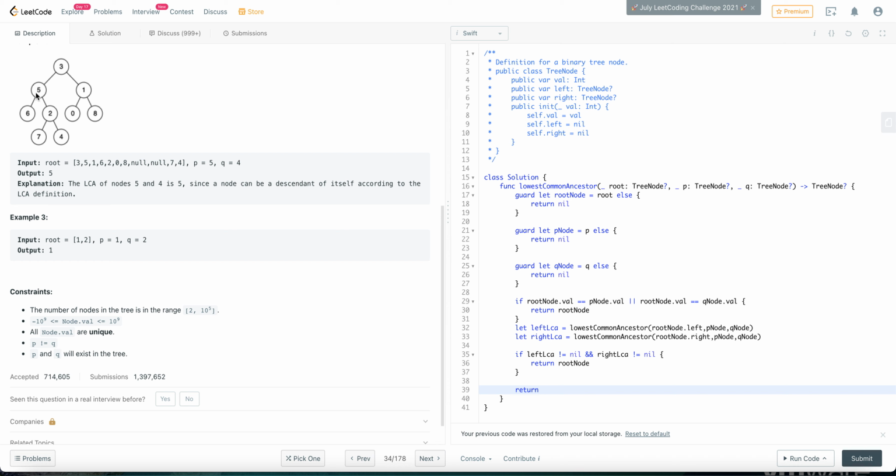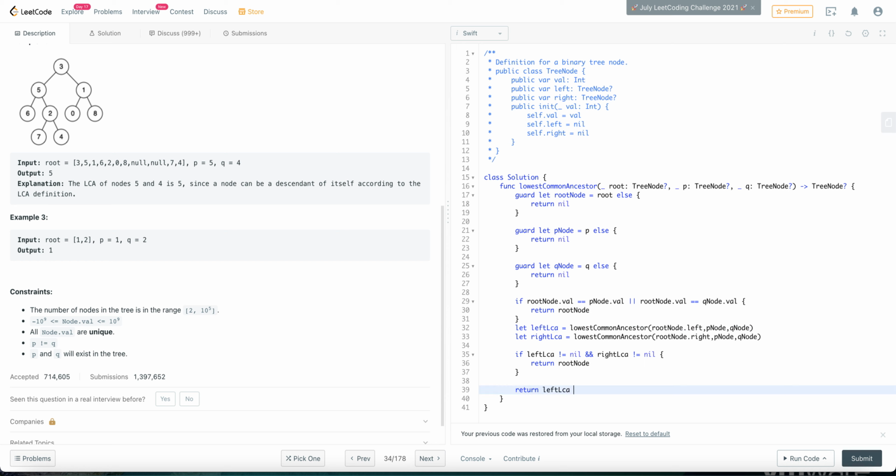So here 5 will be the LCA, or for 0 and 8 their LCA will be 1. So from this calculation, you see that if both of the nodes exist in one particular part of the tree, that means that LCA is my lowest common ancestor.